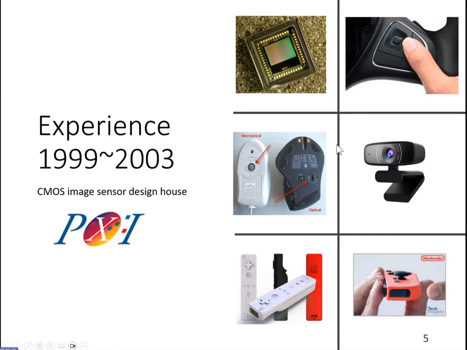It sends an infrared or laser signal that reflects off the surface to the CMOS image sensor. Then the sensor can sense the movement of the mouse. So it becomes an optical mouse. There are many advantages of using an optical mouse rather than a ball-based mouse.